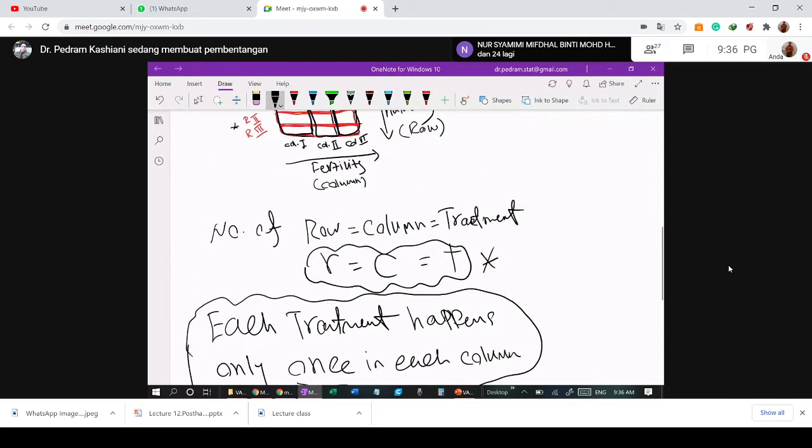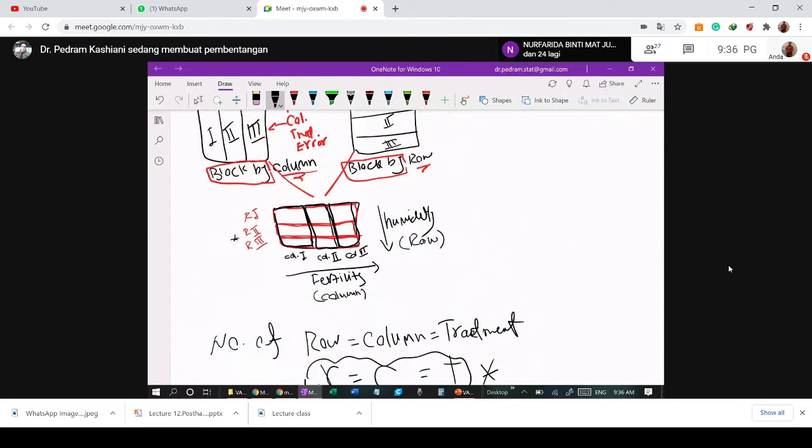Meaning to say, if I put treatment A here, here I cannot have A, here cannot have A, here cannot have A. So you can see 1 time in each row and in each column. Because A happens 1 time here, in this row I cannot have any A, and in this column also I cannot have any A. So these are the rules.